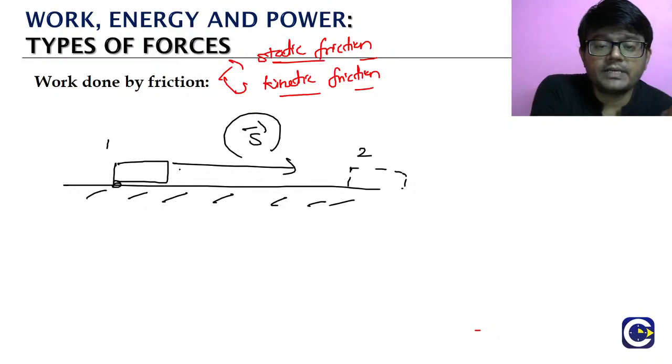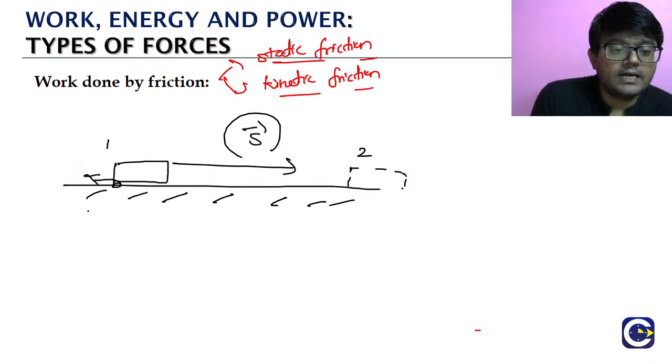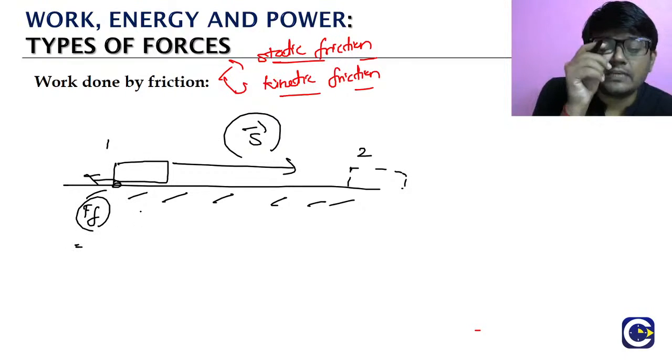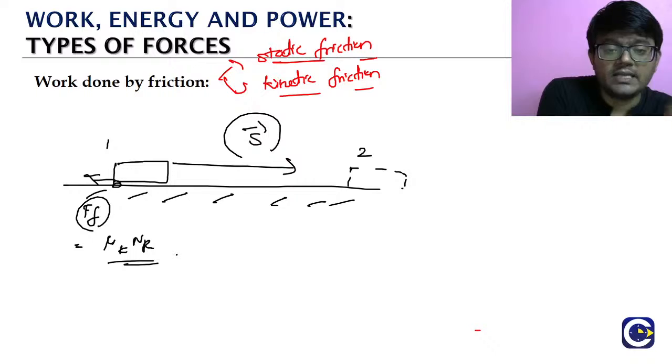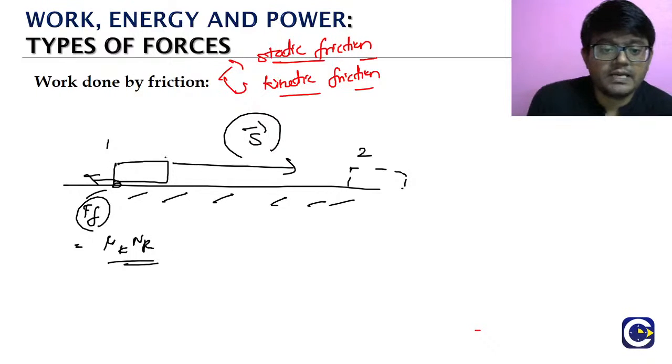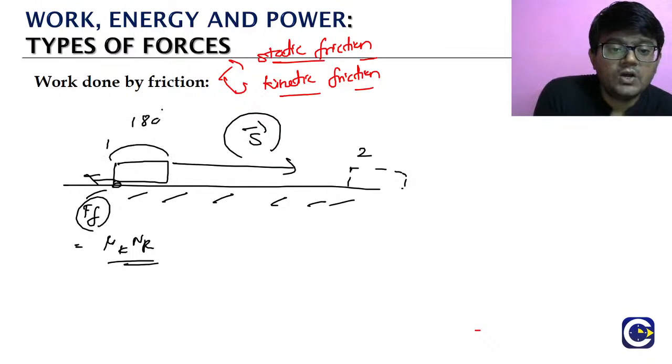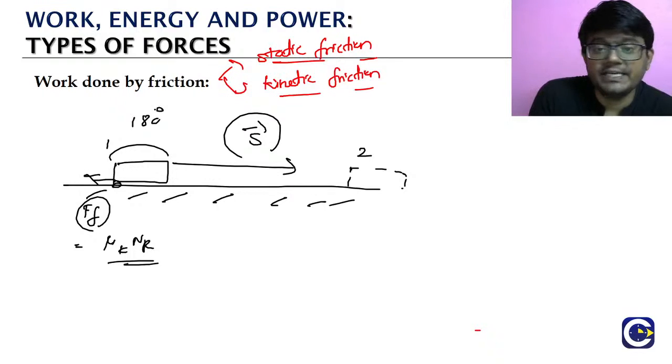When our object moves to the right, what is the kinetic friction value? Mu k into normal reaction. Kinetic friction will act in the left direction. So what is the angle between the force and the displacement? 180 degrees.